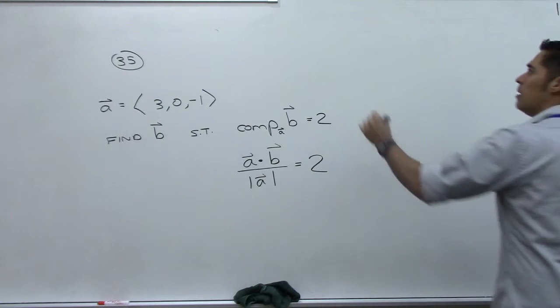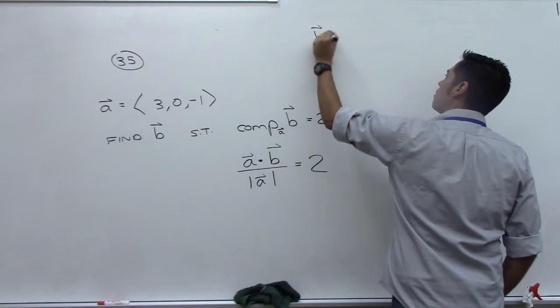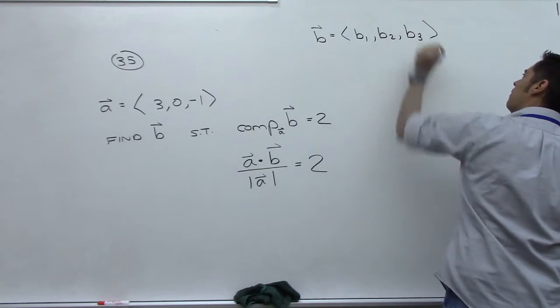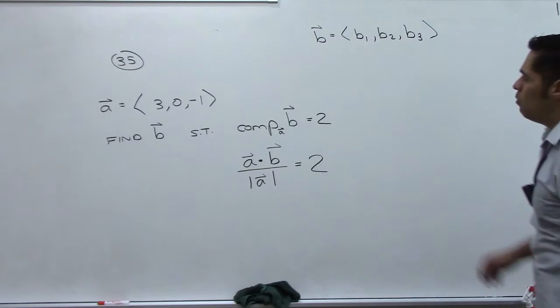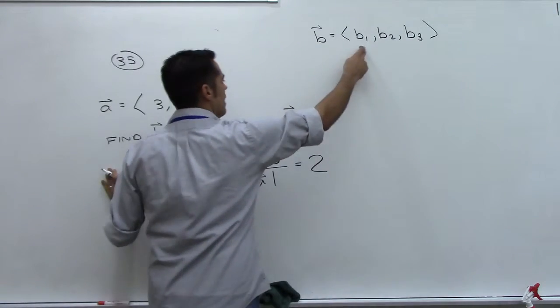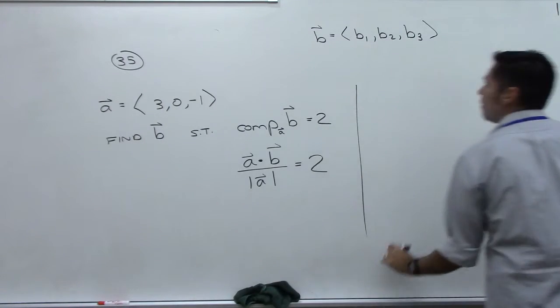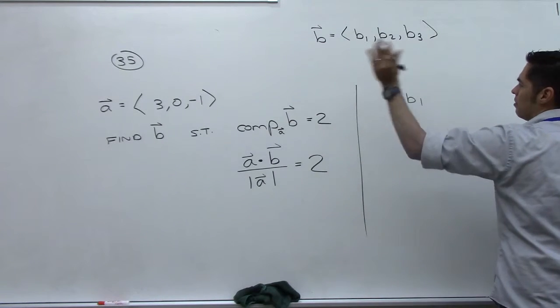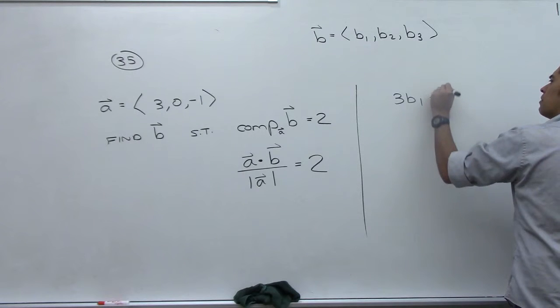Now B, we don't know what it is. We have to find it. So let's call it B1, B2, B3. And let's talk about what A dot B would be. If I dot that with that, I would get 3B1, and B2 times 0 is gone, so minus B3.